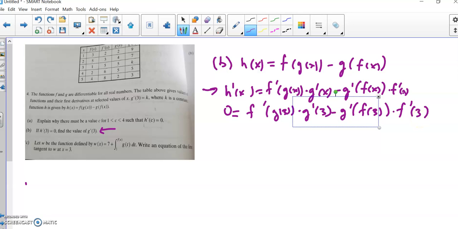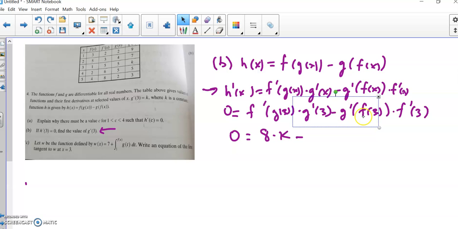All right, now, looking at my table, I can see that g at 3 is 5, and f prime at 5 is 8. G prime at 3 is called k. F at 3, now looking at this, f at 3 is 1, and g prime at 1 is 9.